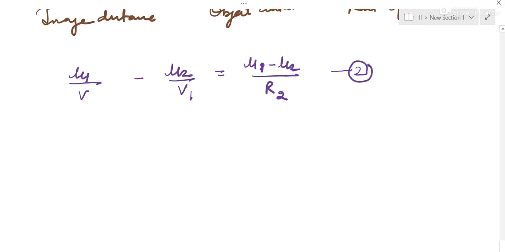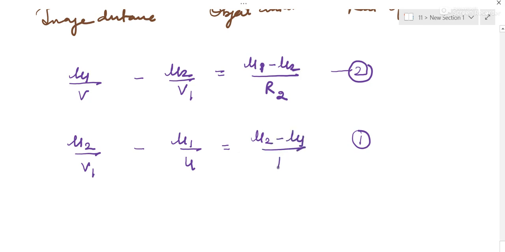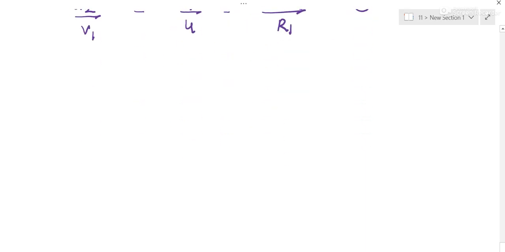The rest of the derivation will be the same. In fact the full derivation is the same, only the diagram is different. You will write the first equation, mu2/v1 minus mu1/u equals (mu2 minus mu1)/R1, and add them. Kindly see the first derivation and do the further steps as it is. Only the diagram is different, and it has to be drawn with utmost care.